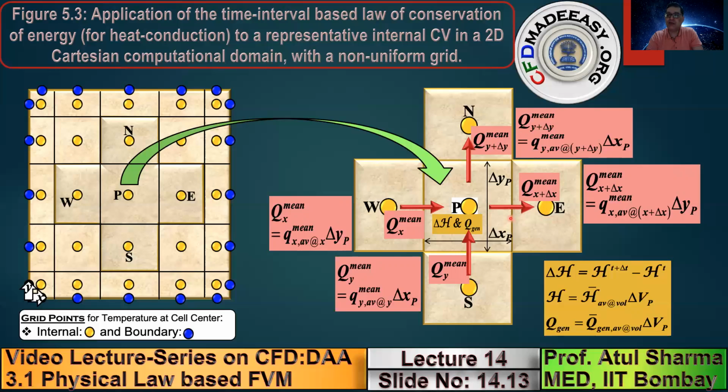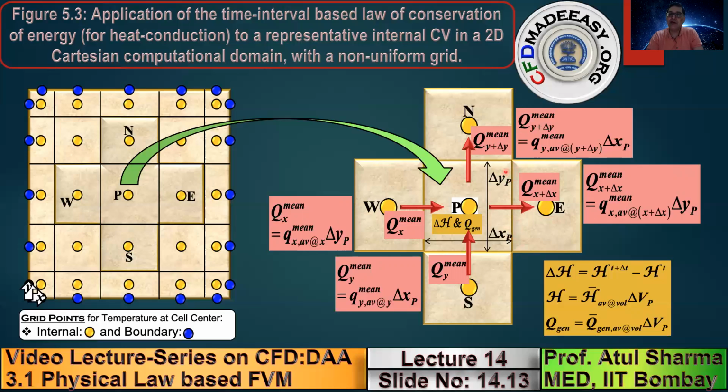So this conduction flux Qx, if you consider at X plus delta X, note that there are various points on this surface, and it is varying on this vertical line. So on this vertical line, it's an integral of Qx dy, because on this surface the y coordinate is varying in a 2D problem. Surface in a 2D is represented by a line.